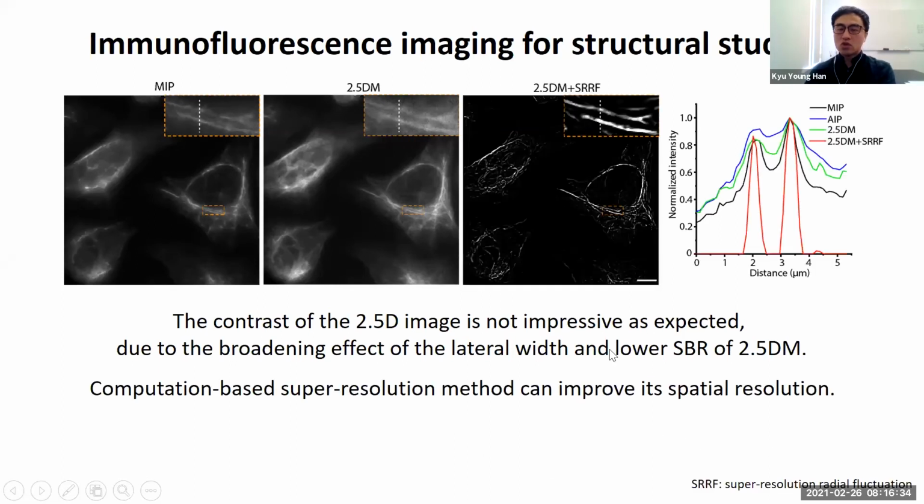Of course, we can use computation-based super resolution imaging techniques such as SRRF, super resolution radial fluctuation. Simply find what the maximum intensity pixel is heading to. Using that, we could get a higher resolution. But still, this is an ongoing project.